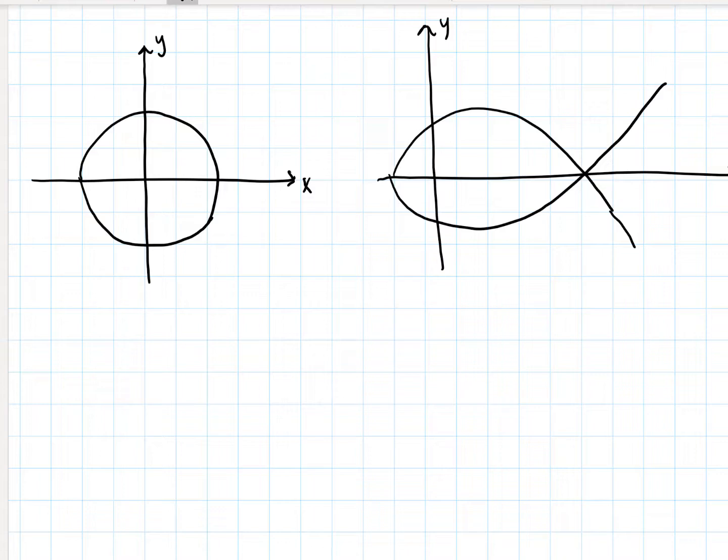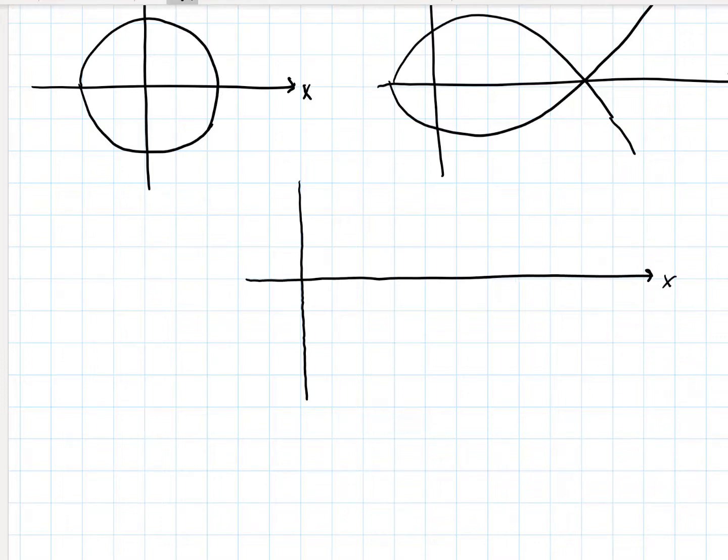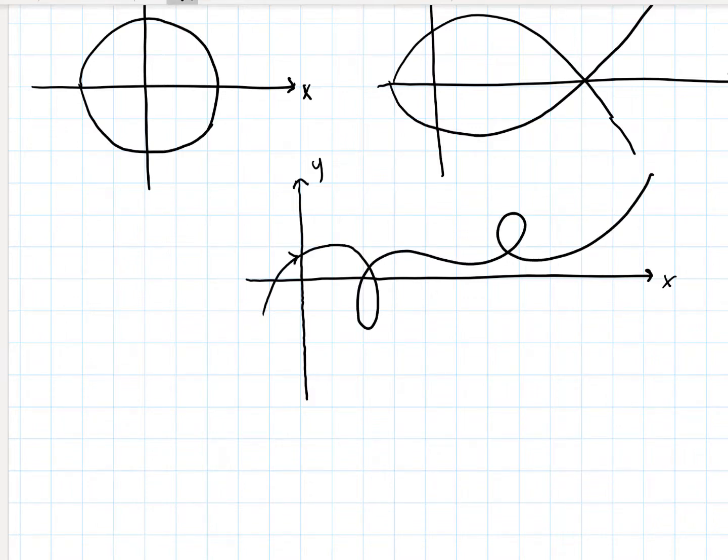Or possibly we want to talk about an object or a bug or whatever it might be. Possibly we want to talk about a pathway that is taken through the xy plane in such a way that it loops over on itself and has what we call direction. So what if I had something that looks like this and it even has direction?